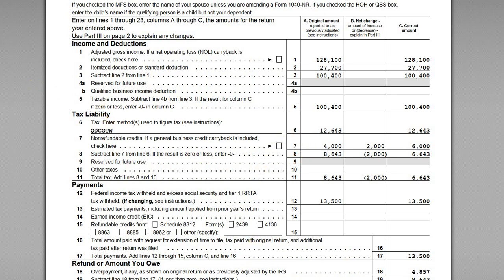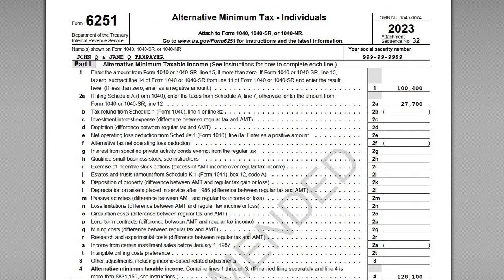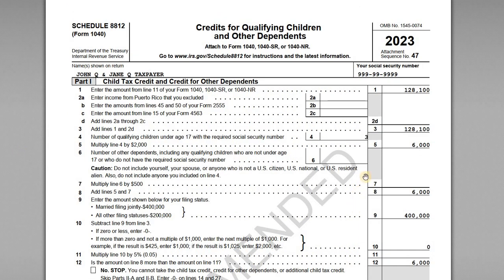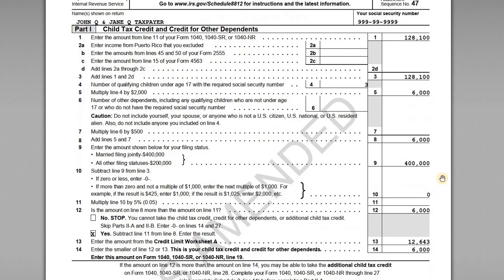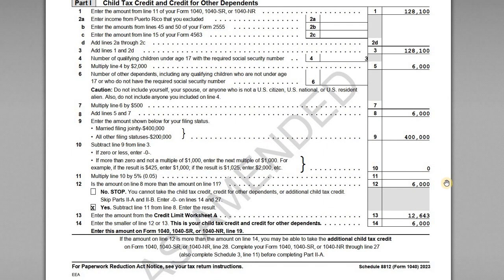So on the amended return, what we've done on the 8812 is we have now updated the 8812 for 3 qualifying children instead of 2. So now the taxpayer is potentially going to claim $6,000 of credit. Their income of $128,100 falls below the $400,000 filing threshold for married filing joint, so we don't have any phase outs here.